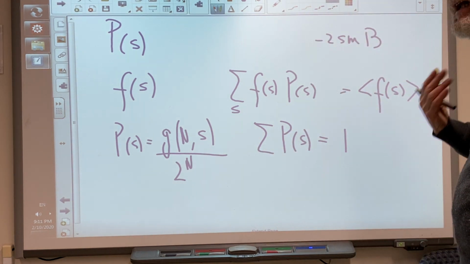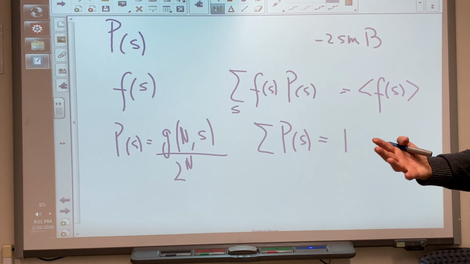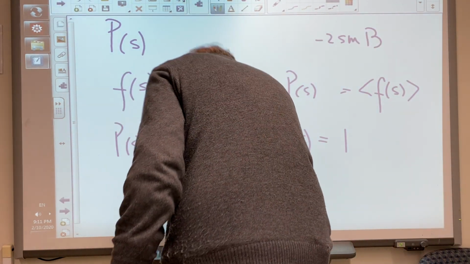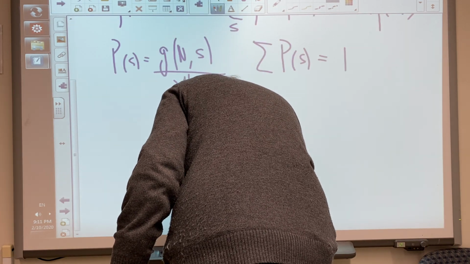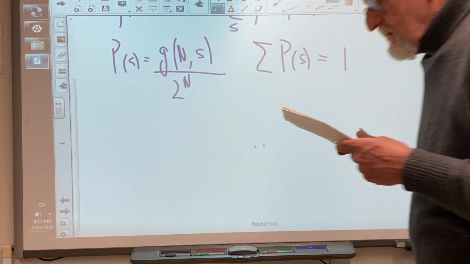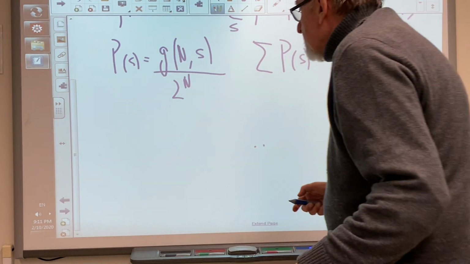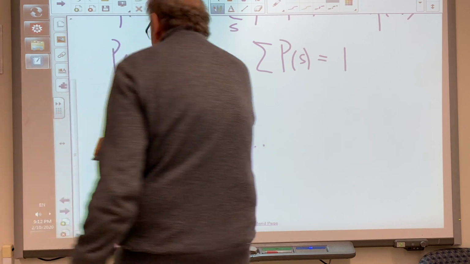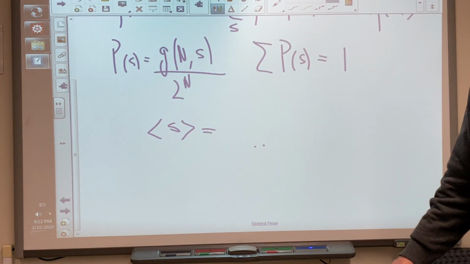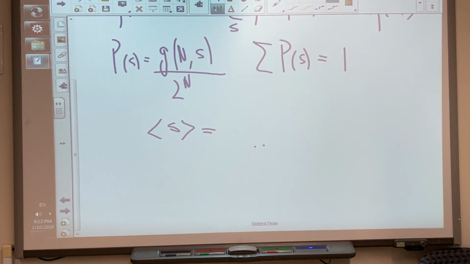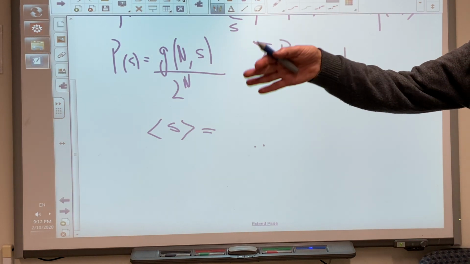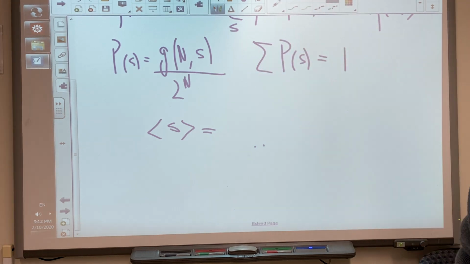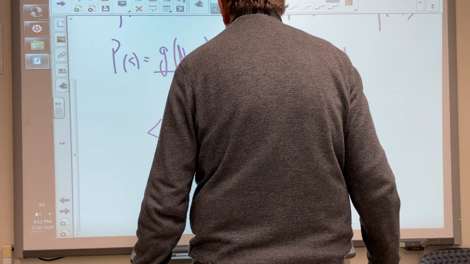So now I can calculate any quantity that I need to know. I can calculate, and this is a problem in statistics. For those of you who took a course in probability, you must have done this till you got sick of that. So, for example, let me calculate the first quantity, the average value of the excess spin in my system. Because remember, S takes different values, sometimes it's 0, 1, 2, all the way to n over 2.